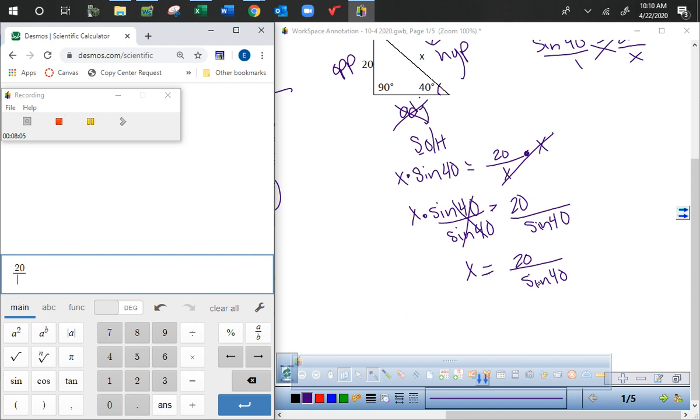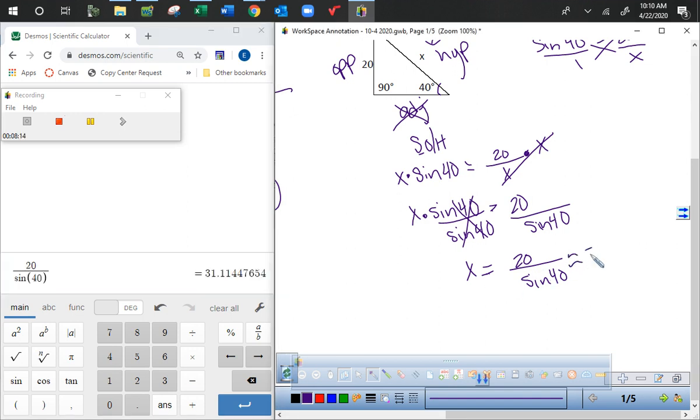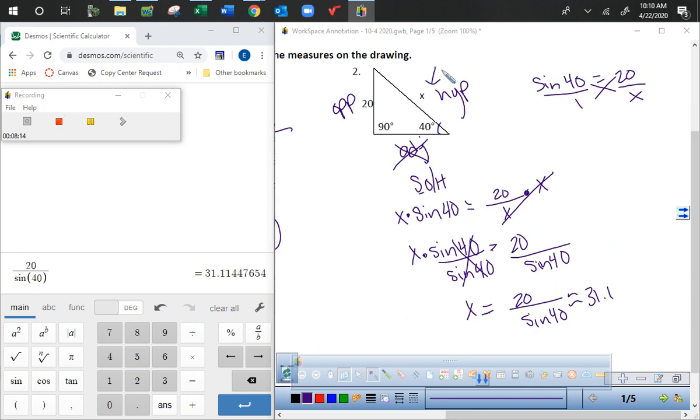And our answer, right over here, is 31.1. In this triangle, since it is the hypotenuse, we can check ourselves really easily because that hypotenuse has to be the biggest number, and our other side was 20, so it is bigger. It works out for us.